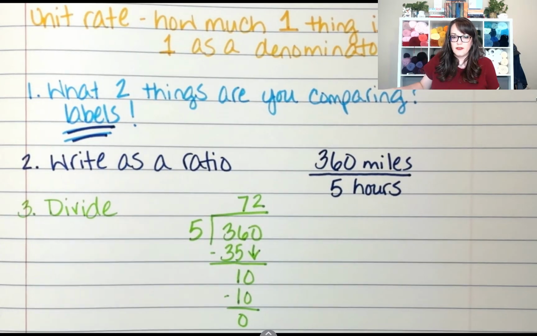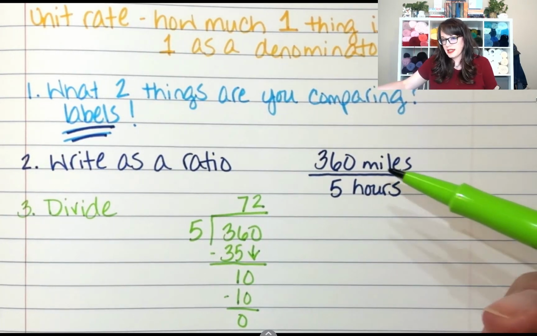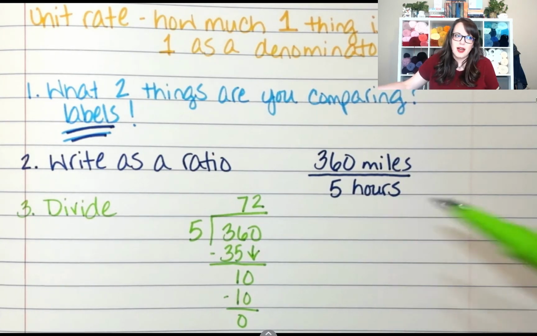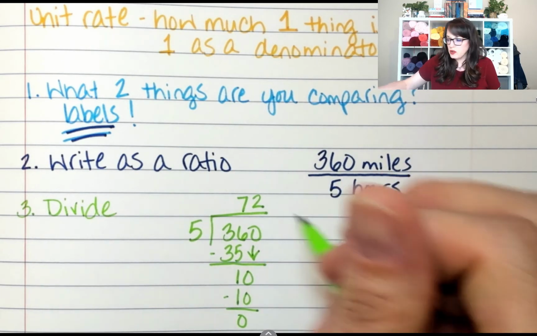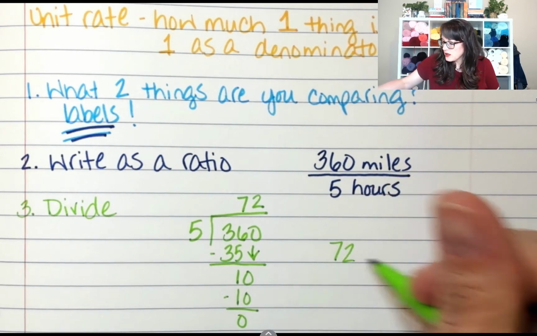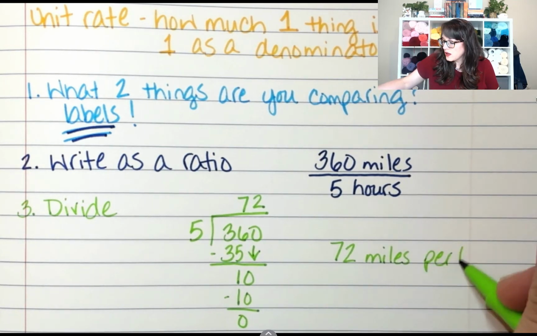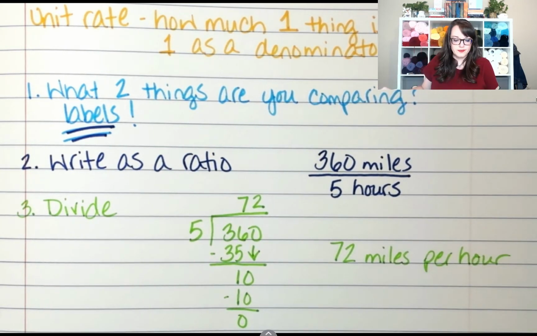So if I travel 360 miles over 5 hours, I'm averaging 72 miles per hour. So if I'm driving in most places in Texas, I'm probably speeding.